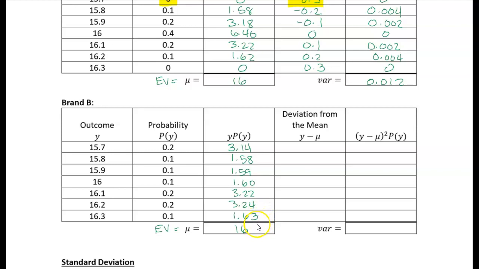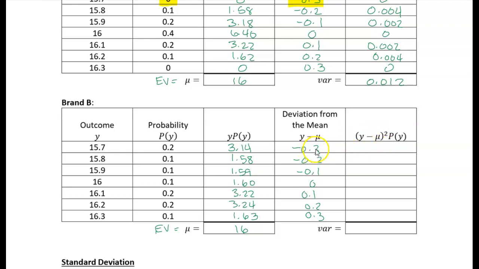All right. So now that I have the mean, I can compute the deviation from the mean. I'm just going to take my outcome and subtract the mean. So here I got negative 0.3, negative 0.2, negative 0.1, 0, 0.1, 0.2, 0.3. Just taking the outcome y and subtracting the mean. And then I'm going to again compute the probability weighted average of the squares of the deviations from the mean.